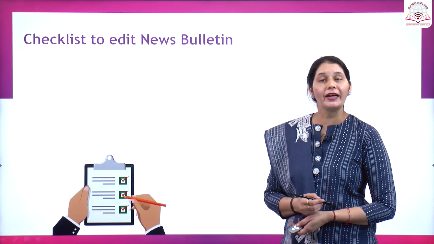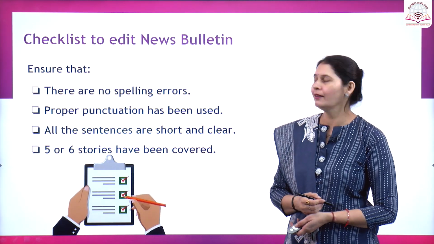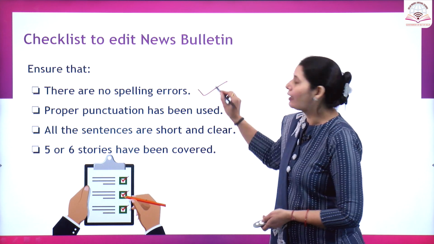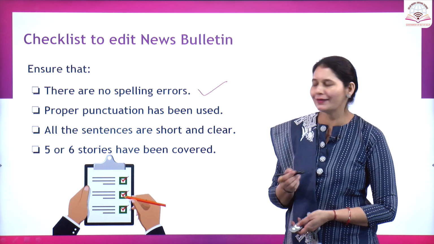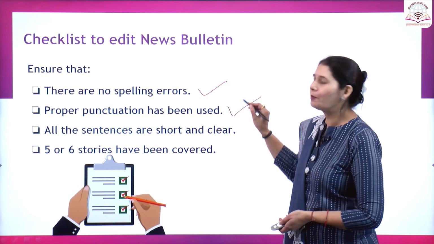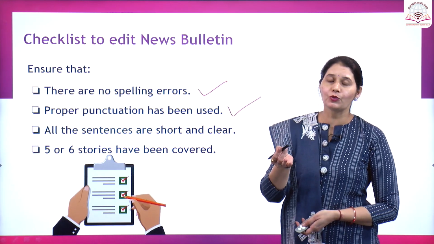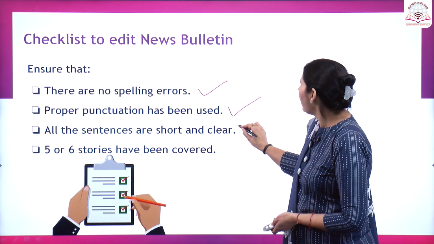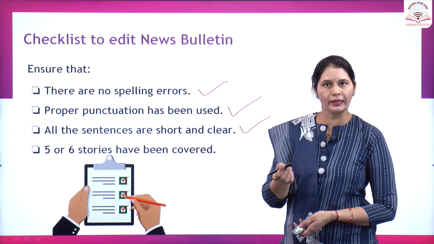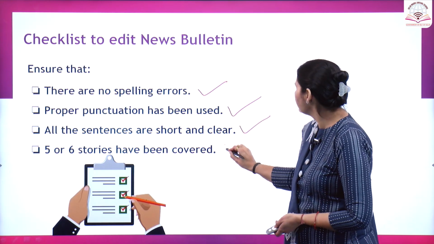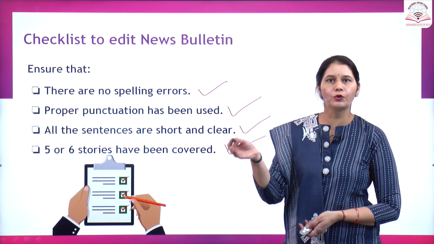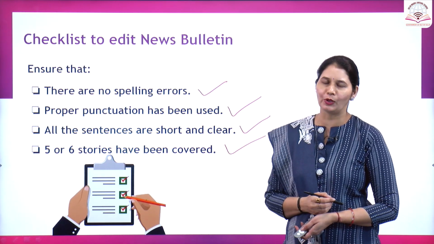The points that we have to check are whether there are any spelling errors or not. Then we will look at punctuation, whether we have used the correct punctuation or not. Then, are the sentences short and clear? And at last, whether we have covered 5 to 6 stories in our news bulletin.